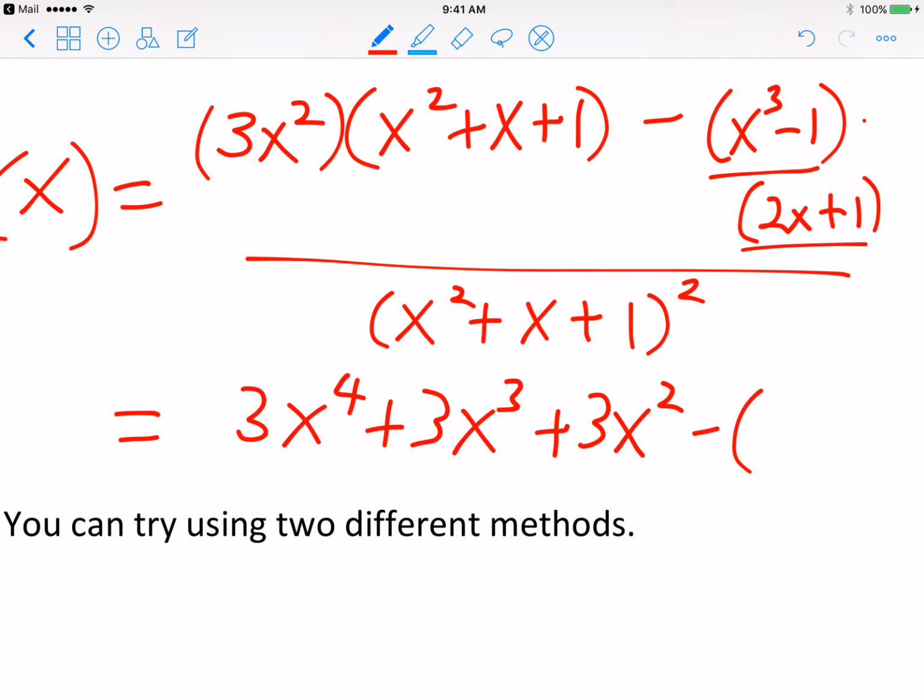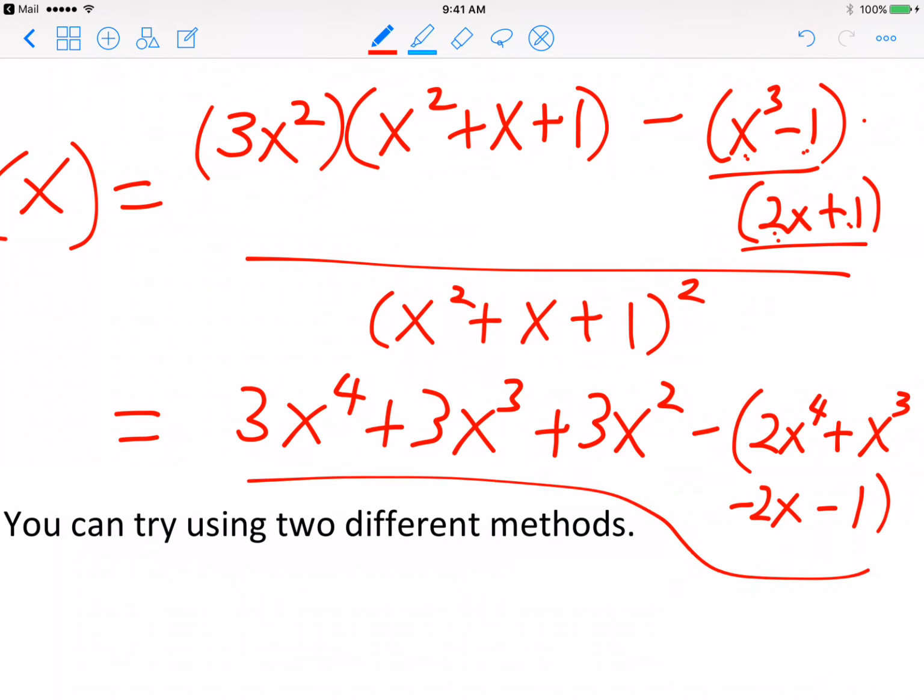Multiplying these two, you get 2x to the fourth power, and then multiplying these two, you get x to the third power. Multiplying these two, you get negative 2x, and then multiplying these two, you get negative 1. But those terms are all inside of parentheses, and then this is all over x squared plus x plus 1, squared.